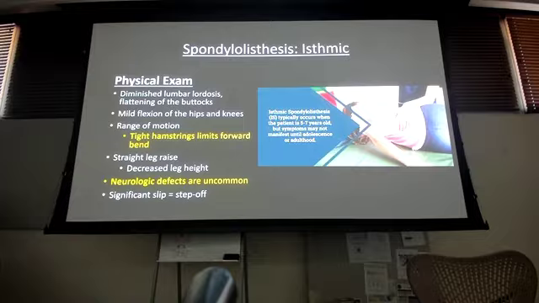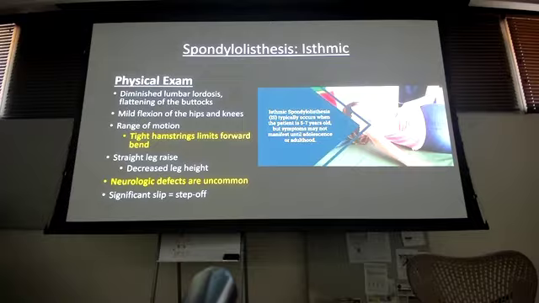Okay? So isthmic, remember we talked about that normal lordosis is there. It should be correctable, right? That's what you're hoping for. So diminished lumbar lordosis and flattening of the buttocks, as Forrest Gump would say. So mild flexion of the hips and knees. If you have tight hamstrings, do you think things are going to be stretched out anymore? No, they're going to be contracted.